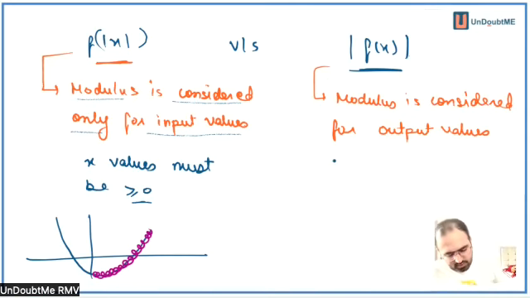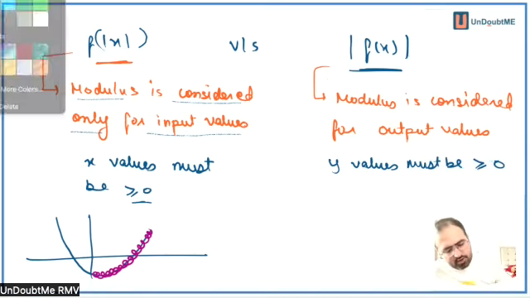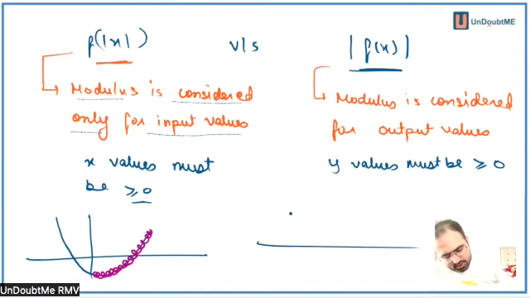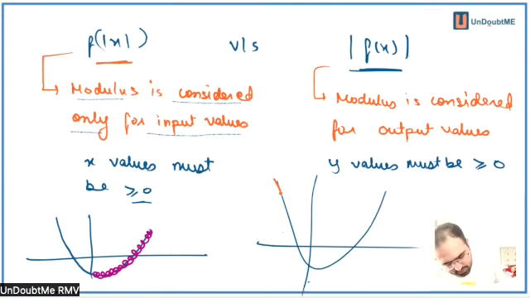So in this case, y values must be greater than or equal to 0. And if we look at the graph, it will be this, then this, and this. So that is the basic difference between f of mod x and mod of fx.